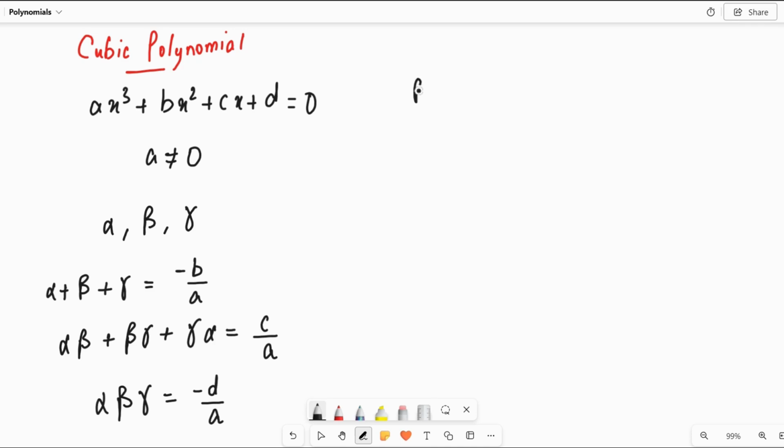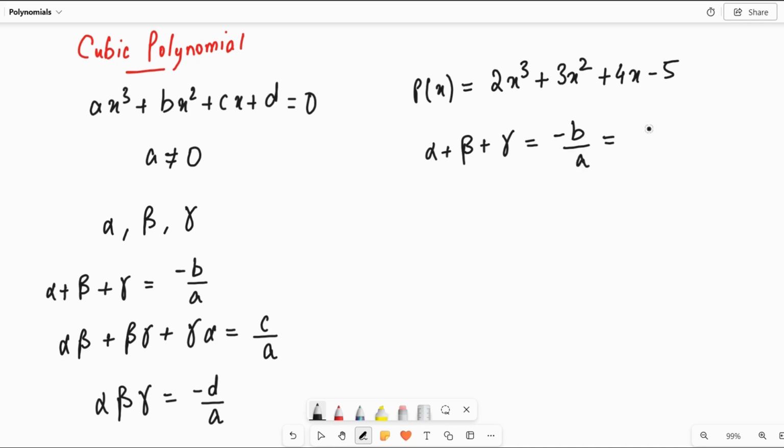Now let us take an example of the polynomial 2x cube plus 3x square plus 4x minus 5. So the sum of zeros, that is alpha plus beta plus gamma, is equal to minus b by a, that is minus 3 by 2.